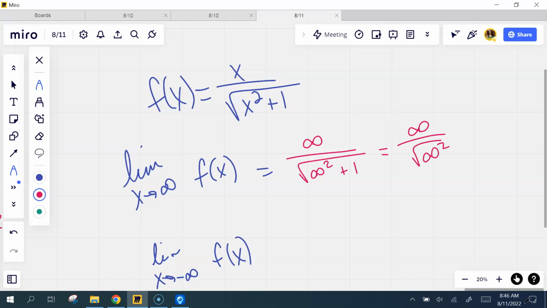Would you agree or disagree? Yeah? Well, I know that these two cancel. Well, now I'm at infinity over infinity. Can I call that 1? Maybe? We'll see. Let's see if that's actually 1. We'll graph it and see what happens.